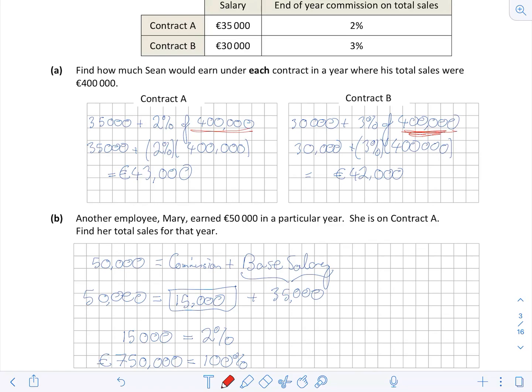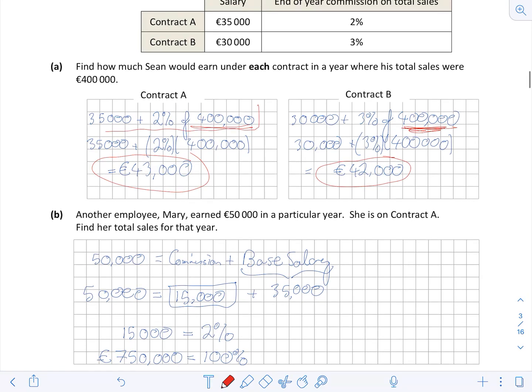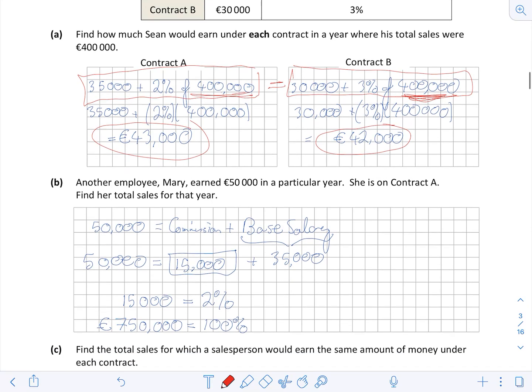And when this number is the same, well then both of these answers will be the same. So I'm going to rewrite this box here and this box here, and I'm going to equate both of them together, and I'm going to change the 400,000 to be whatever number we're looking for.